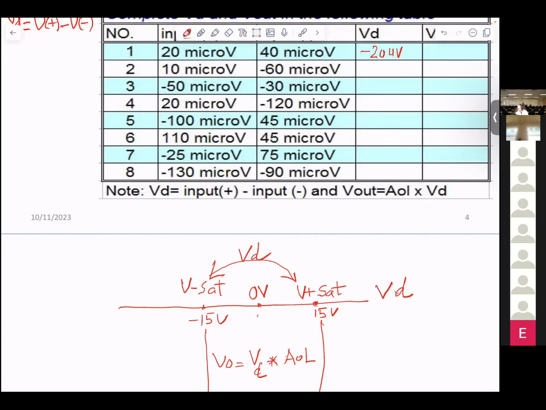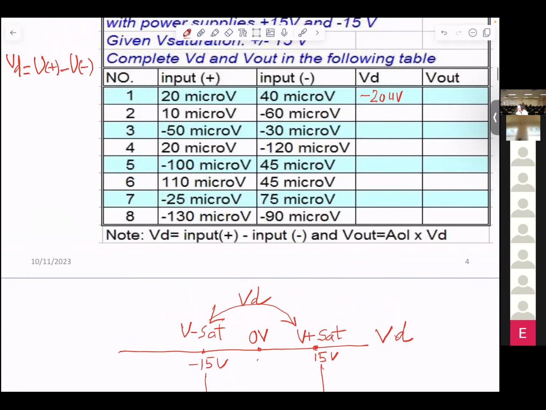And now in here, V out will be 200,000 times the answer that the young lady gave, VD times A OL. So what do we get for the out?